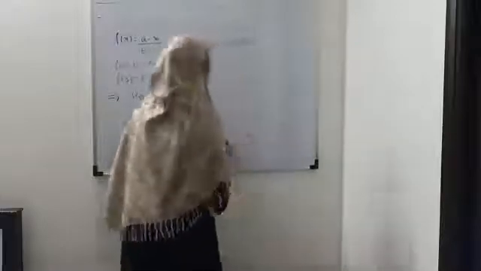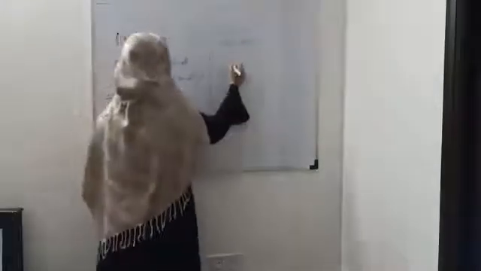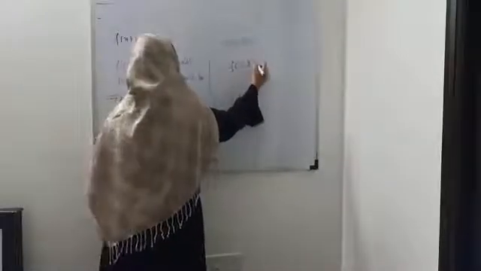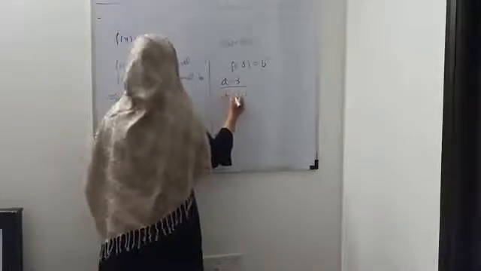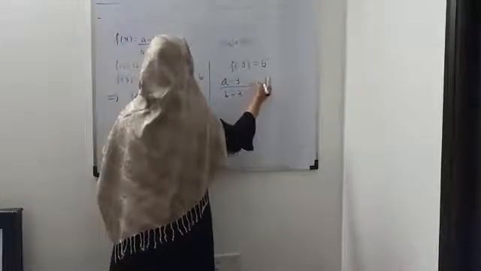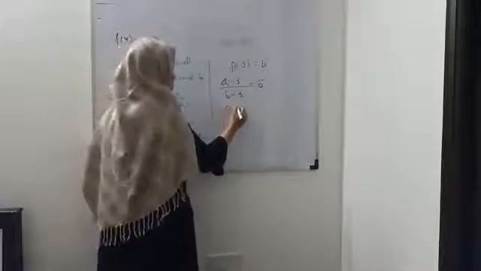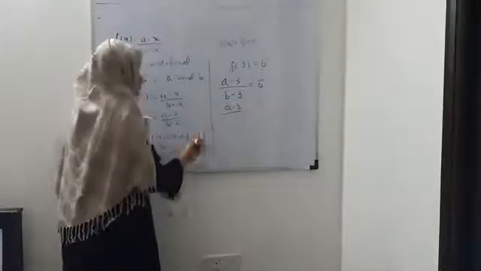Now the second condition we will use to find the value of a. What is given? f of 3 is equal to 5. So substitute 3 in your function. a minus 3 upon b minus 3 is equal to 5. What is b? It is 2.